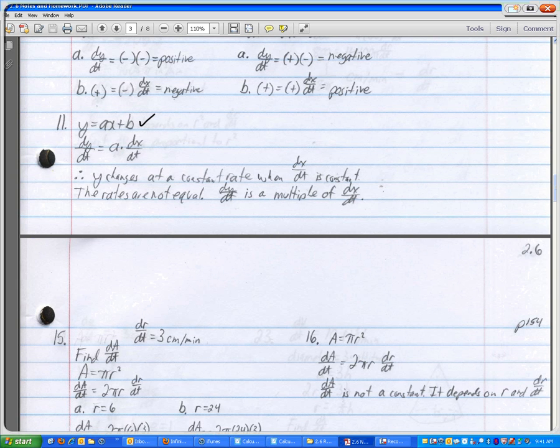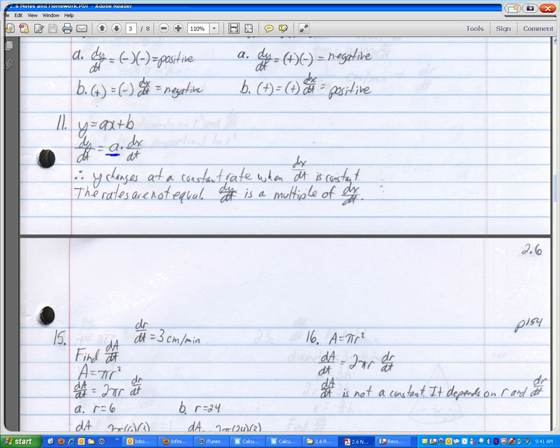All right. Oh, wait, hold on. Product rule it. Because, how do I want to explain this? No. Not product rule. Constant multiple rule. Constant multiple rule it. A times the derivative of x.